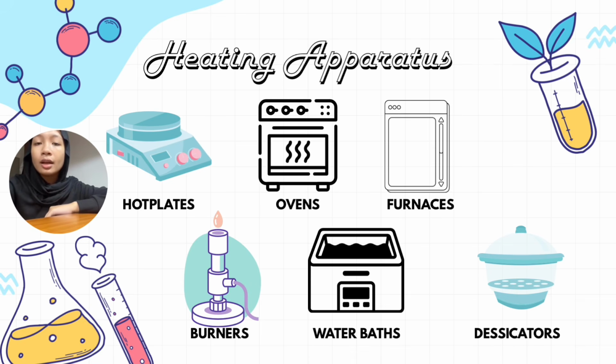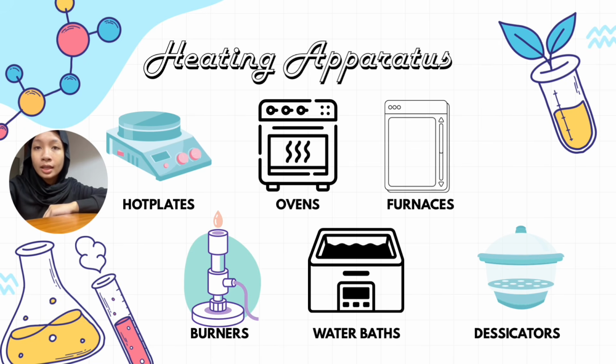Then, third, we have furnace. Furnace produces very high temperature, up to 1000 degrees Celsius or higher. Furnace is also used for etching, ignition and heat treatment of samples. Fourth is burner.